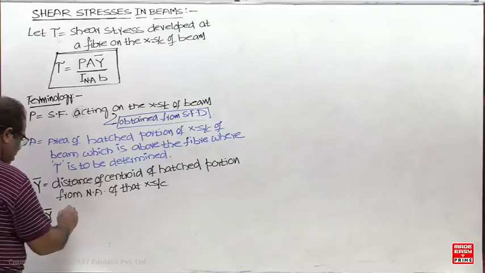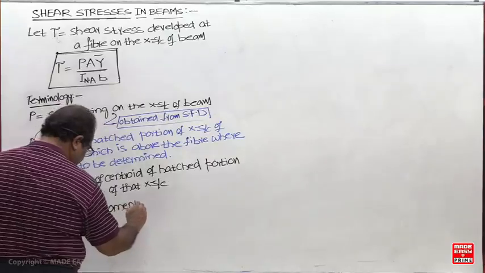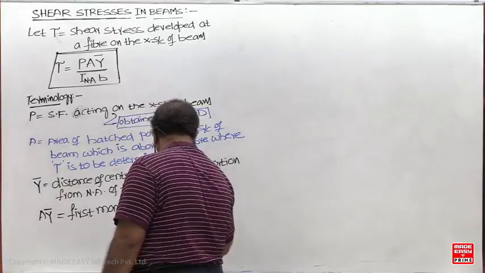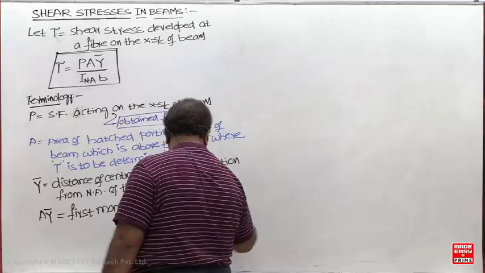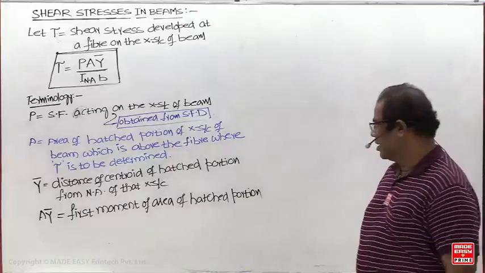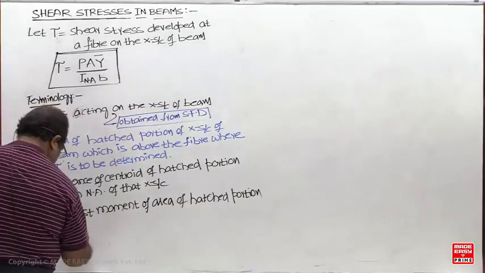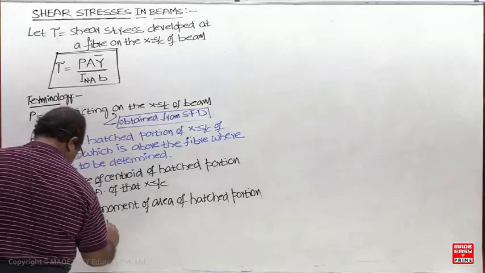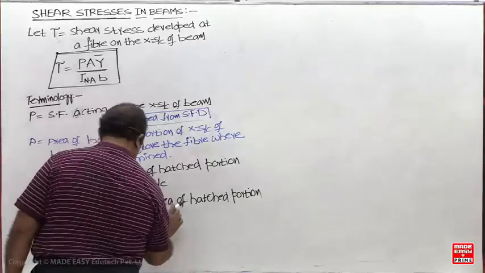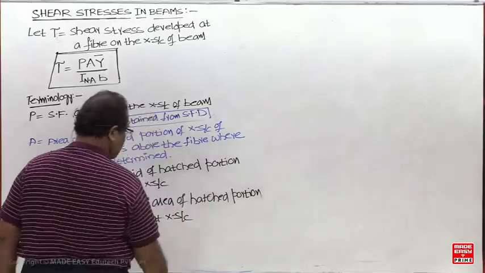So what is A y bar? It is the first moment of area of the hatched portion about the neutral axis of that cross section.